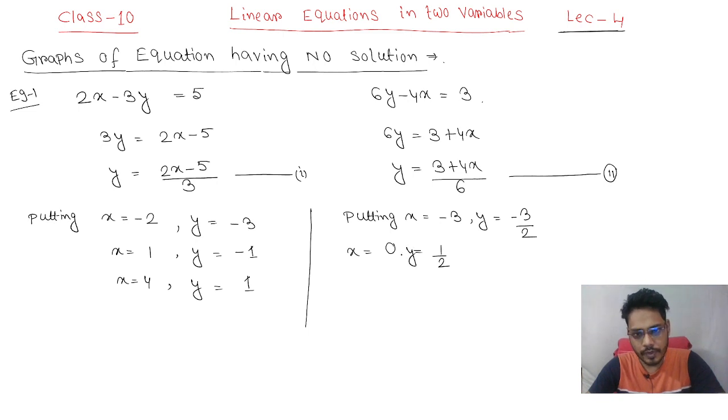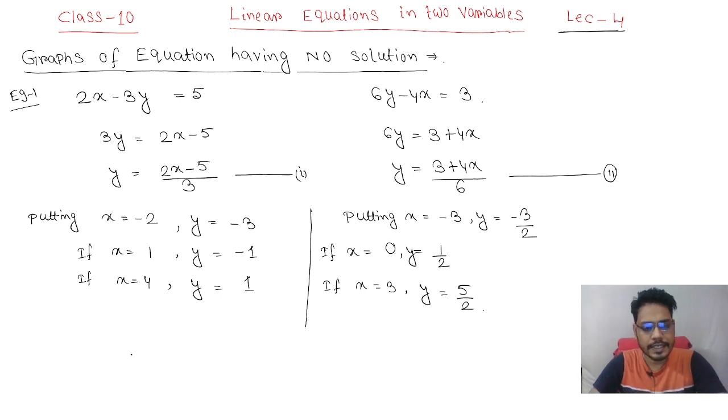Now if x is equal to 3, then y is equal to 5 by 2. Now put the values in the table.